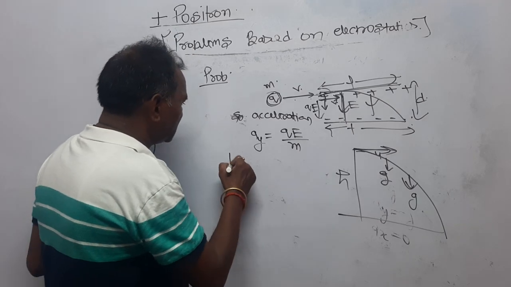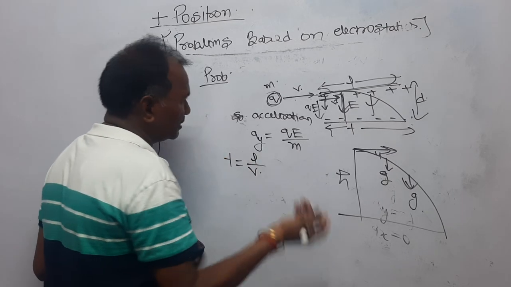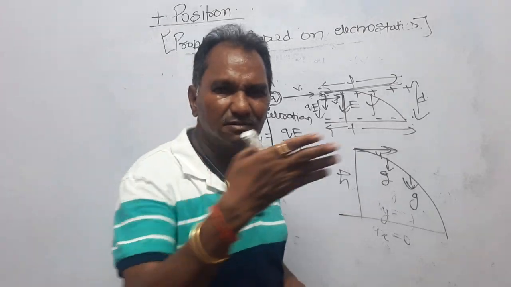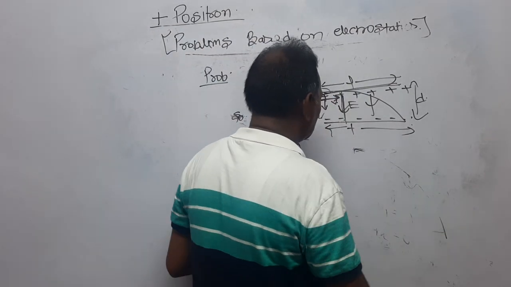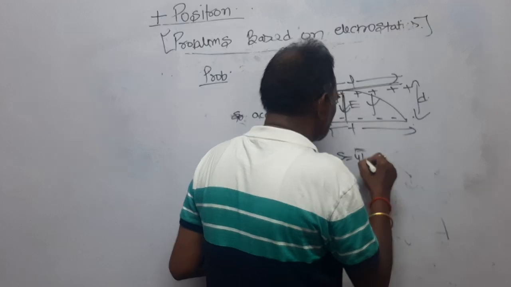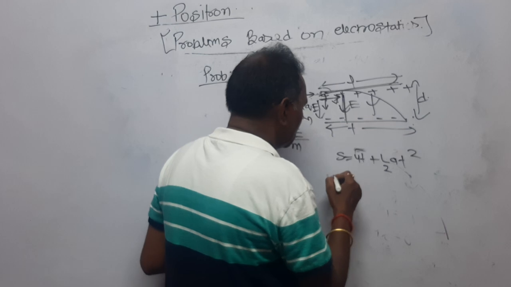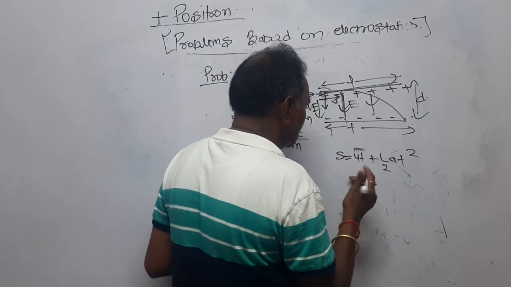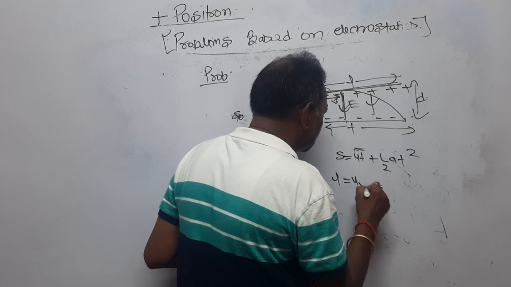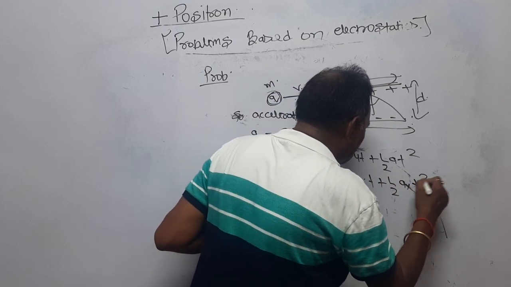So time t is equal to distance upon velocity, that is L upon v, simply because you can apply the same formula S equal to ut plus half at square. For horizontal motion, S is the horizontal distance L. It is ux into t plus half ax into t square.